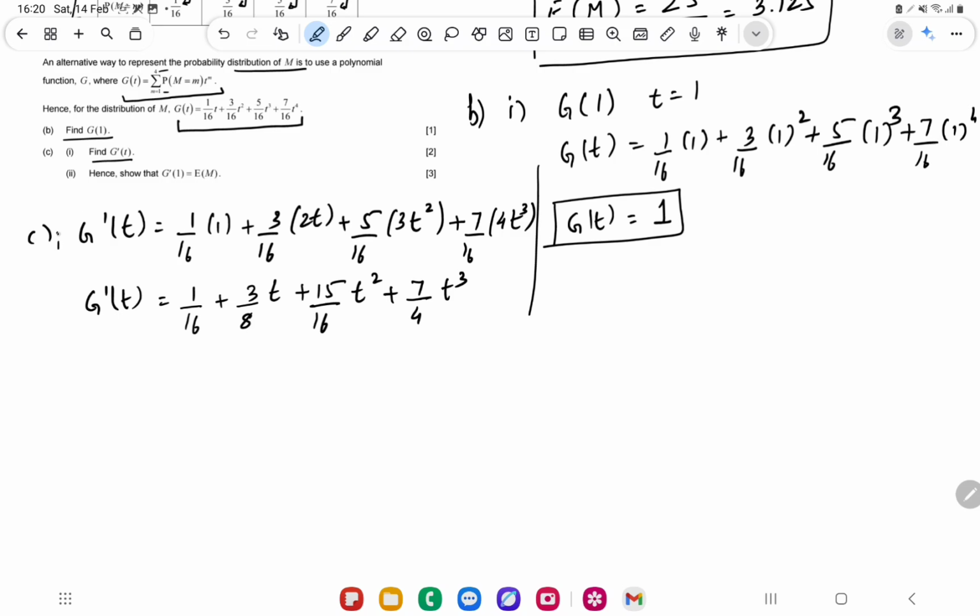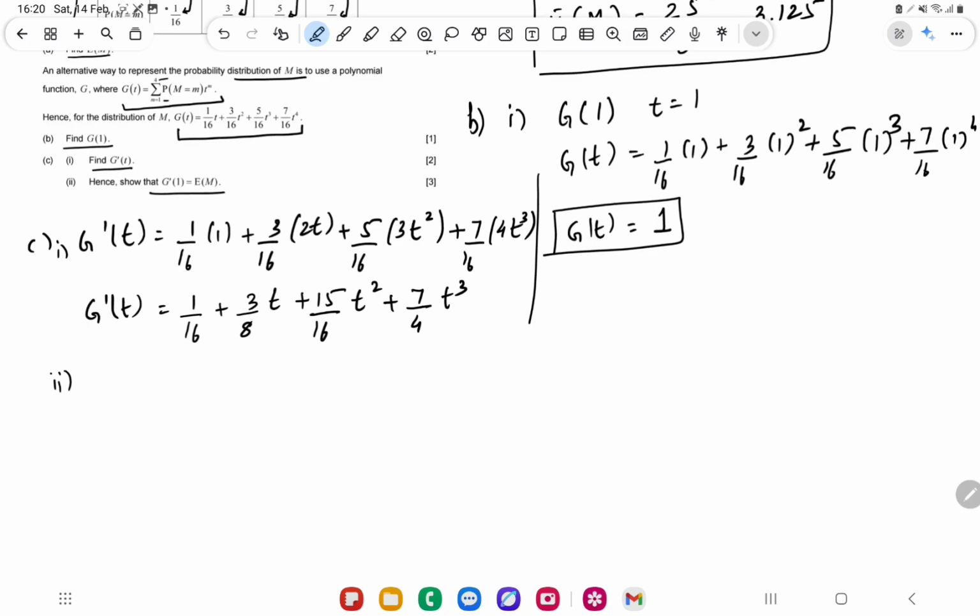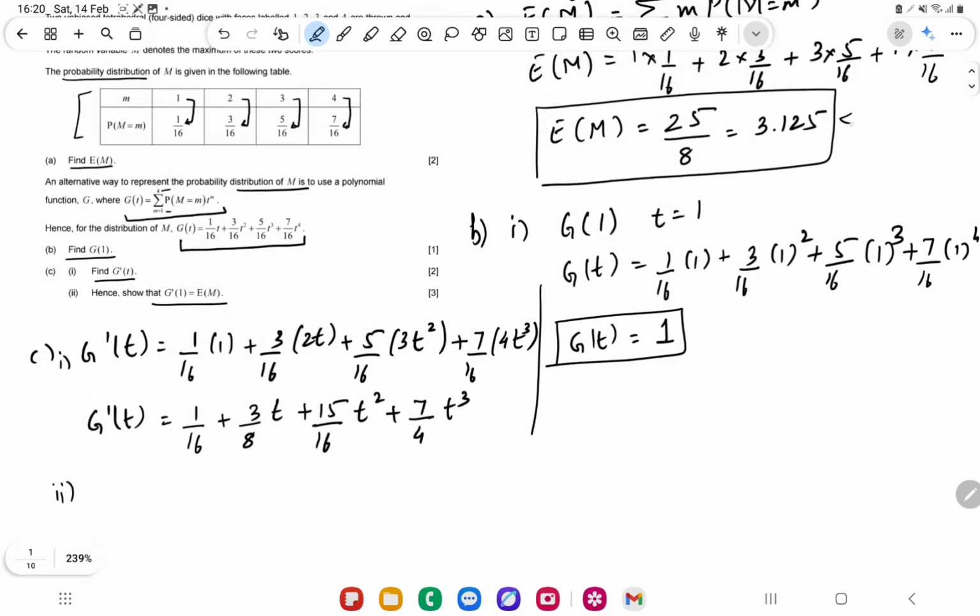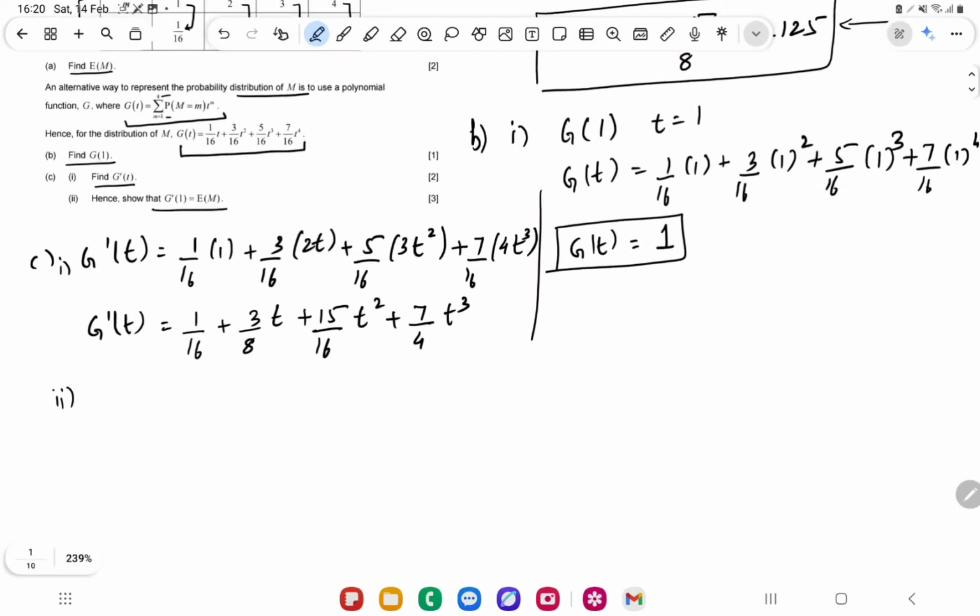That was the first part. Now in the second part, they are saying to show that G dash 1 is equal to E(M). My E(M) value was 25 by 8, so I have to get my G dash 1 value as 25 by 8. Again, I will be substituting t as 1 in the above result.